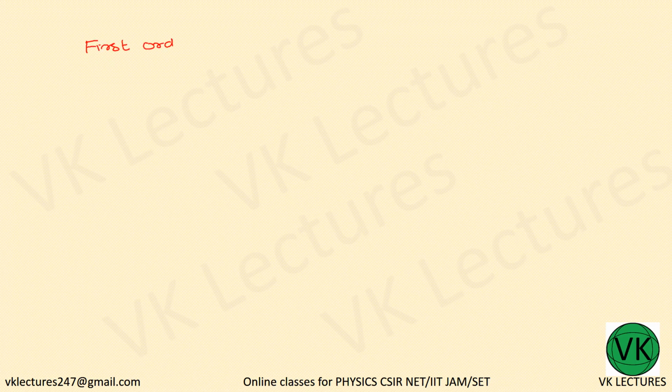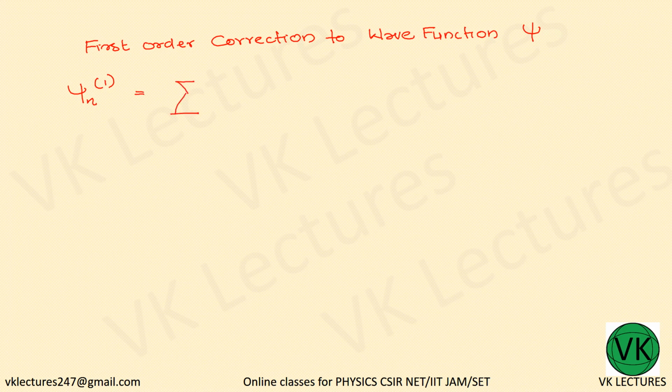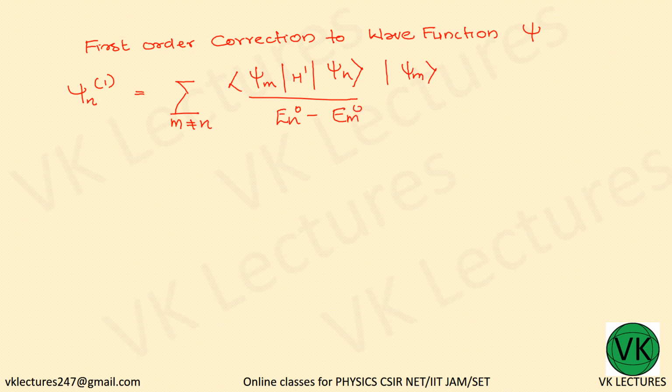The wave function psi for the nth state, the first order correction, is equal to the sum over m not equal to n of psi m, h dash, psi n, into psi m, divided by E n naught minus E m naught. So this is the first order correction to the wave function.